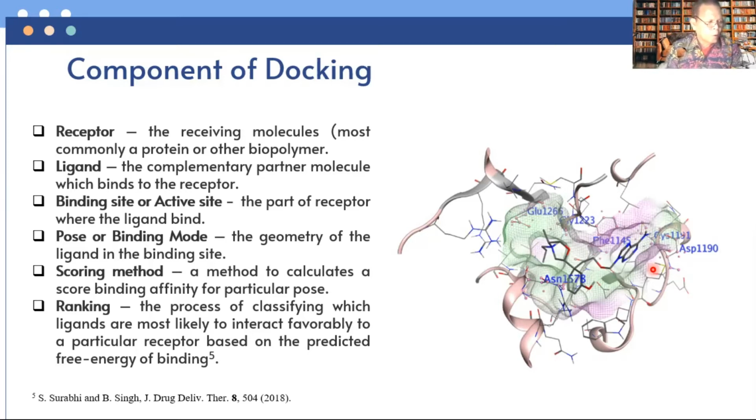Pose or binding mode, in this case the geometry of the ligand in the binding site. And then a scoring method, a method to calculate a score of binding affinity for a particular pose. And the last is ranking, the process of classifying which ligands are most likely to interact favorably with a particular receptor based on the predicted free binding energy.